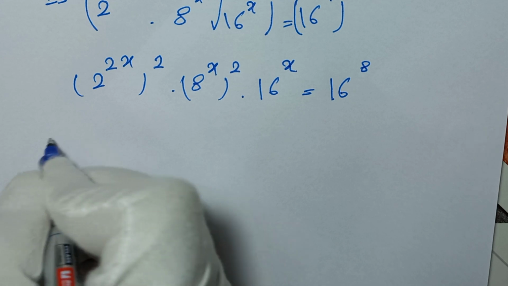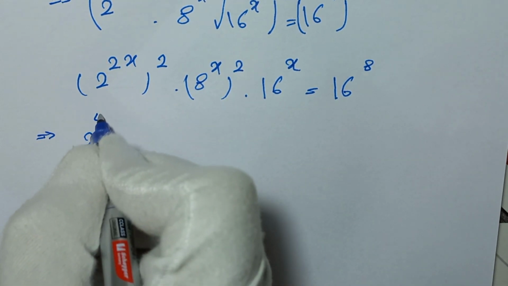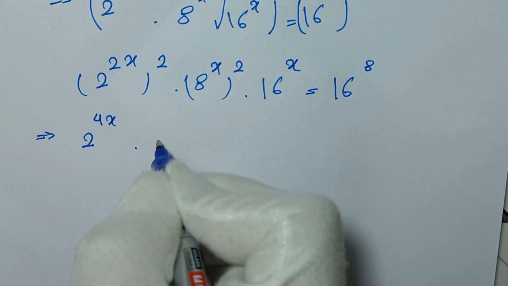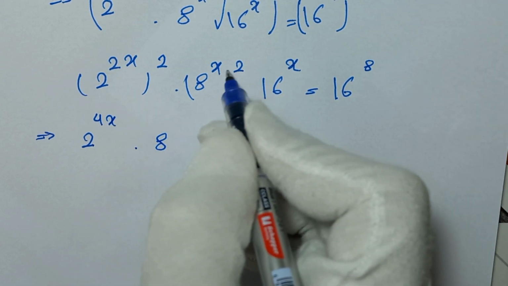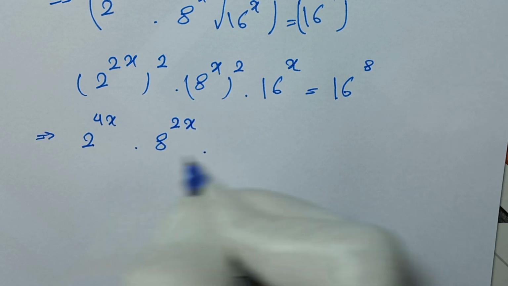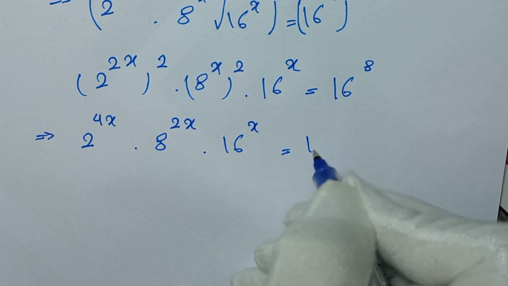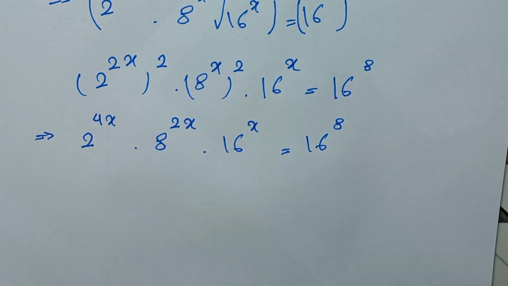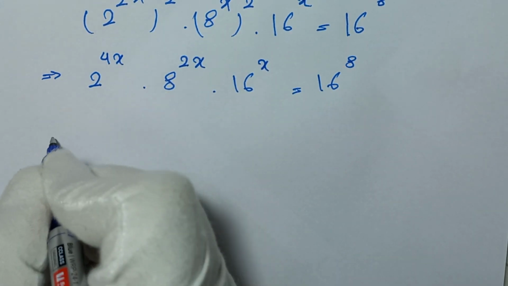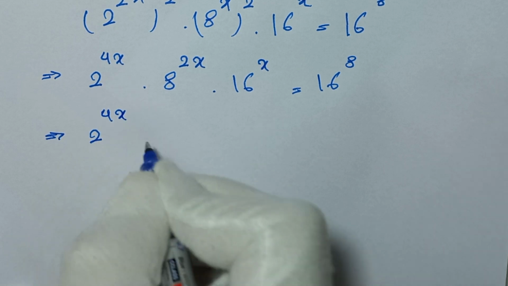And it will be 2 to power of 2x times 2, it will be 4x, times 8 to power of x times 2, it will be 2x, and times 16 to power of x is equal to 16 to power of 8.